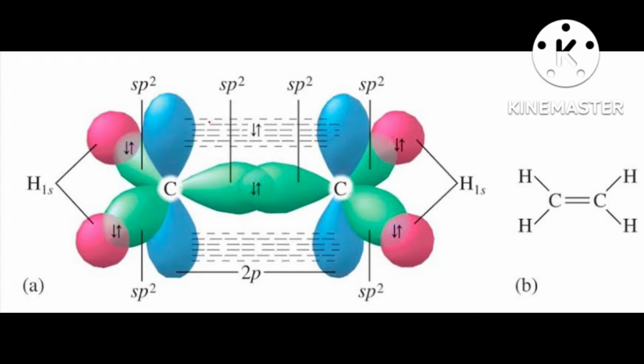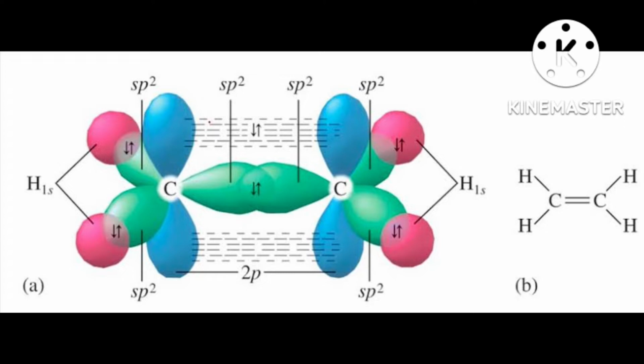Hence now it can combine with 4 hydrogen atoms. Each hydrogen has 1 unpaired electron, so they can combine with these 4 orbitals, 2s1, 2px1, 2py1 and 2pz1.